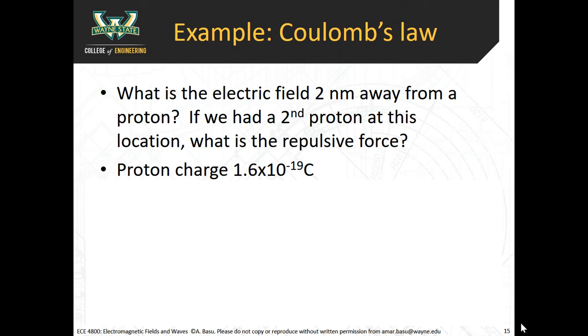Epsilon 0 is 8.85 times 10 to the negative. Oh, do you have a different question? The first part of the question is asking, there's a single proton located at the origin. What's the electric field 2 nanometers away? Epsilon is the permittivity, and that's 8.85 times 10 to the negative 12 farads per meter.